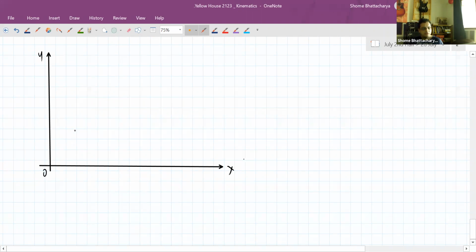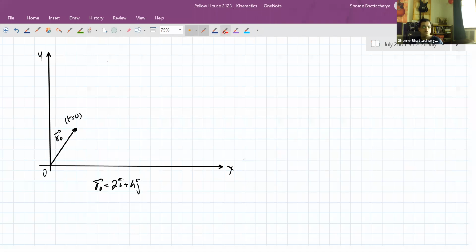So the particle is located somewhere here, let's say, at t equal to 0. Its coordinates are 2, 4. So its initial position vector is like this. At t equal to 0, its position vector would be 2 i cap plus 4 j cap.